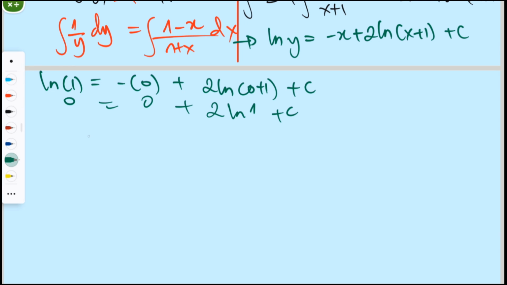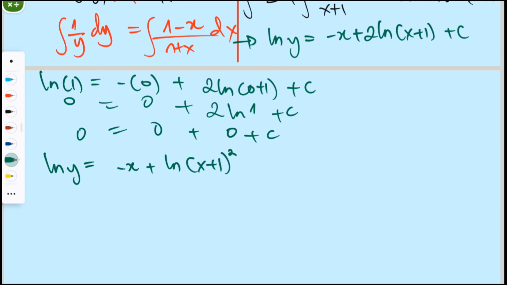This would be a 0 as well, 0, 0, and then plus c, so c is actually 0. Okay, c is 0. That boils down to natural log of y being equal to negative x plus ln of x plus 1 squared. I decided to bring the 2 to the top. I'm just going to resize this.